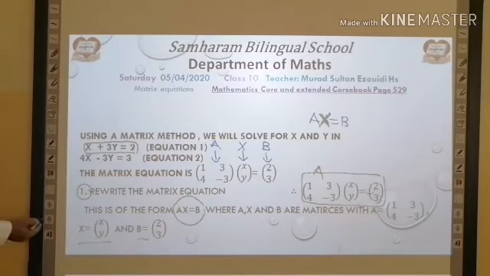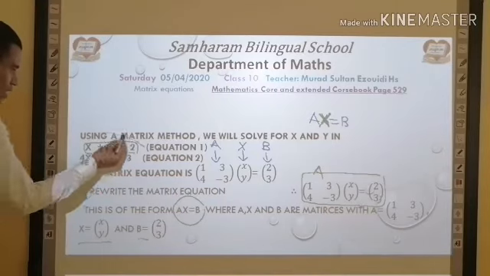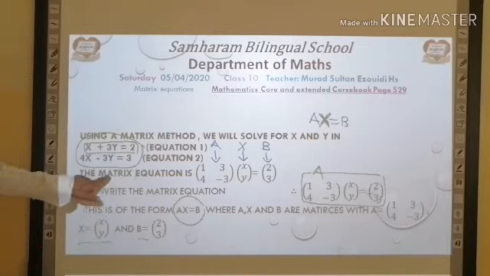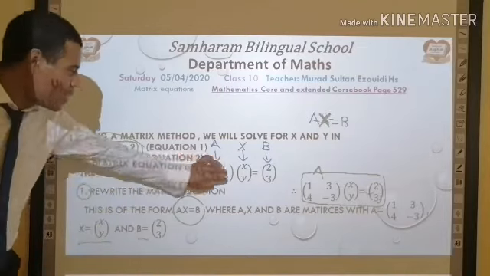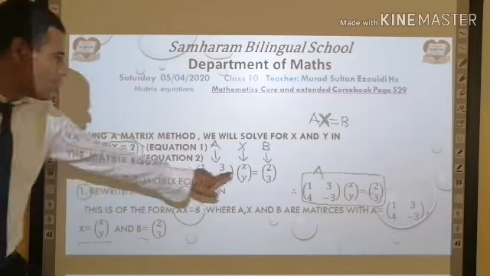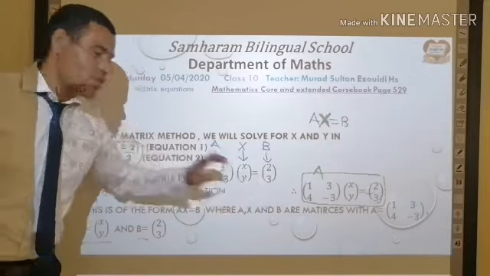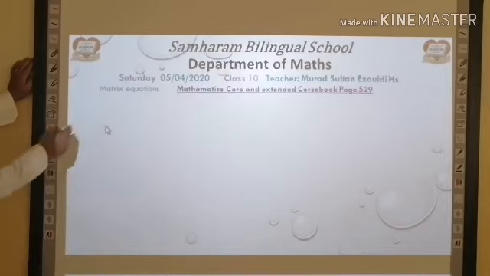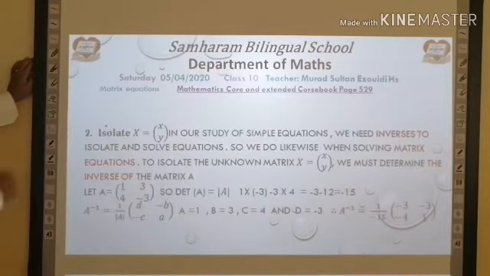So, we started from this equation and we wrote it as a matrix equation like that: the matrix A multiplied by the column vector X equals the column vector 2, 3.